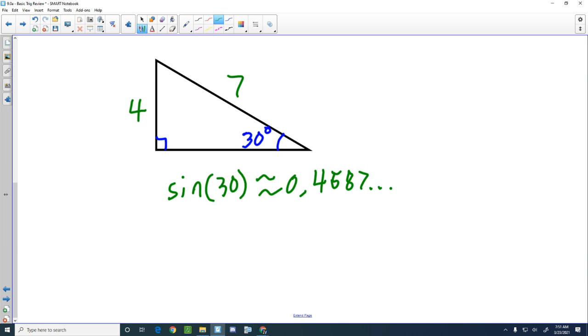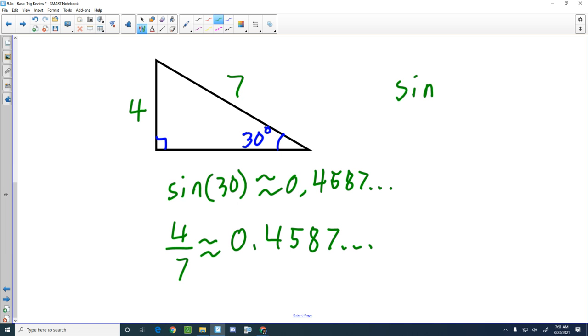And if I took the ratio or the fraction of 4 divided by 7, I would get some other ratio. I picked bad numbers. These aren't the same at all. Let's pretend that I did do this correctly. But essentially that ratio would be the same exact thing. And so that's why we say the sine of 30 degrees is equal to the opposite side divided by the hypotenuse. It's the same ratio. It's the same decimal that you're going to get every time.